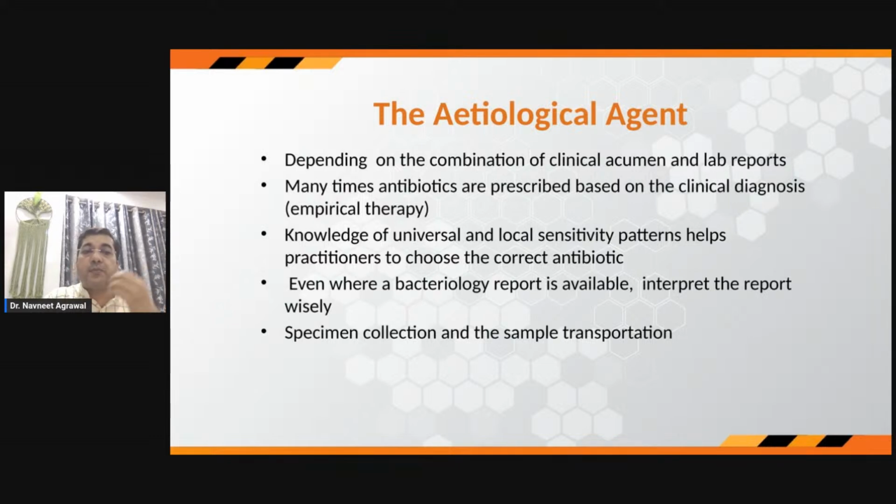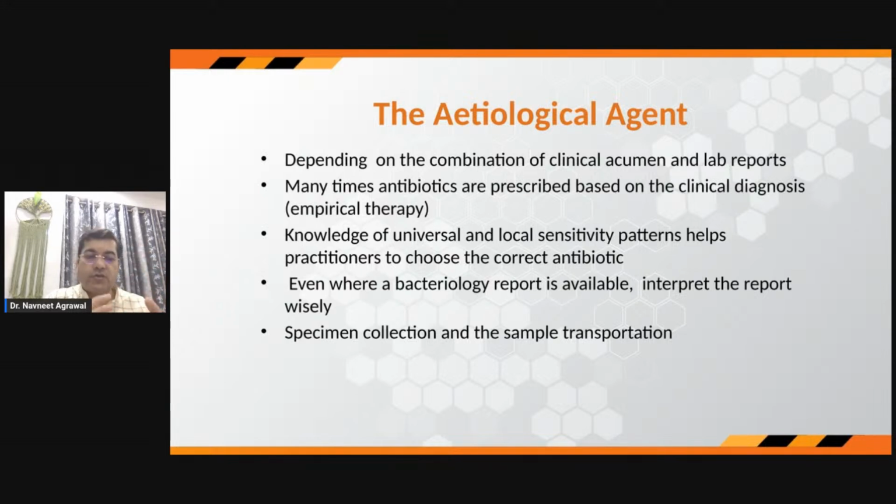Even where a bacteriological report is available, we should interpret it cautiously and wisely, because there are multiple factors even in that report, like the timing of the collection of the sample, the procedure of the collection of the sample, and the transportation of that sample for culture sensitivity. So for the etiological agent, we think about the cause, the pathogenesis, the microorganism.